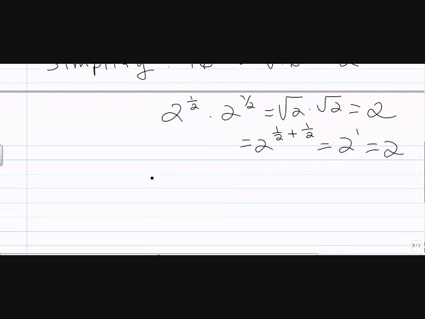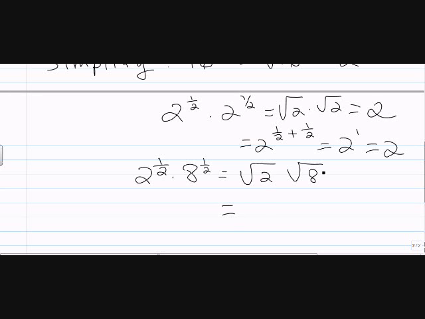And let's try this one. 2 to the 1/2 times 8 to the 1/2. There's a few ways I can get to this one. Square root of 2 times the square root of 8. I think this will go easiest to just do with square roots.